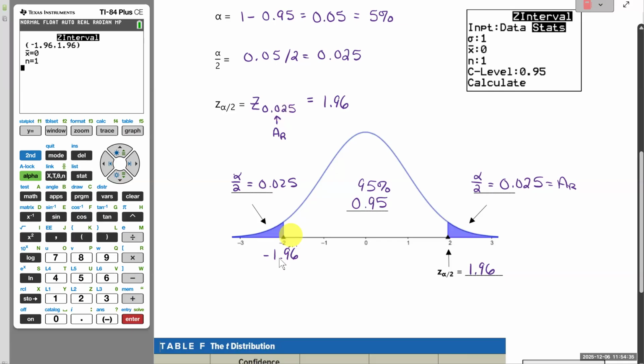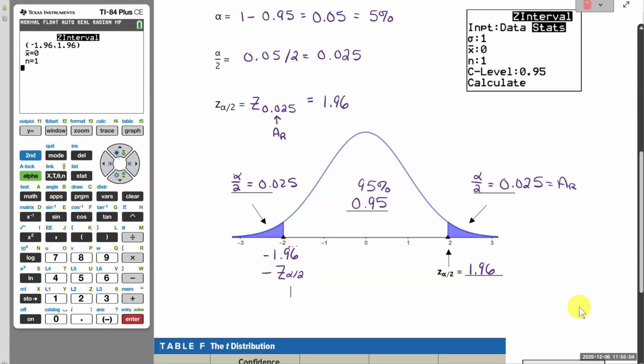The z-score that's negative doesn't get its own notation. We would just call it the negative of the z alpha over 2 value. Even as I'm saying all this out loud, it sounds like a lot of words, but z alpha over 2 is 1.96. So fancy notation here just to say that z-score separates the top of the graph from the rest, and that top area in this case is 0.025.